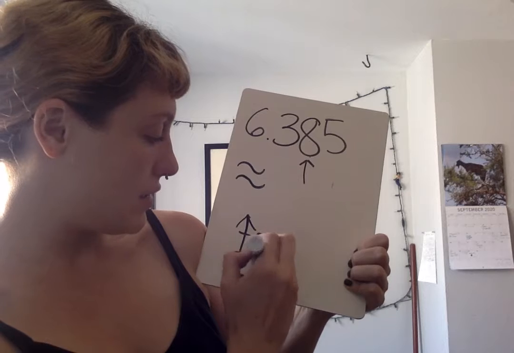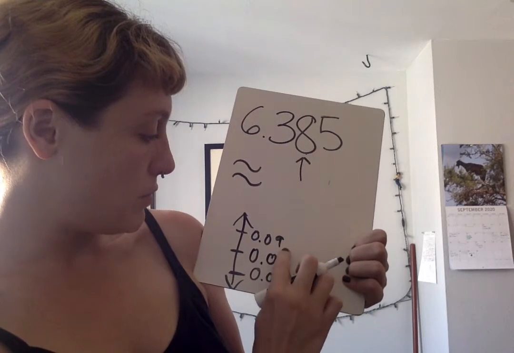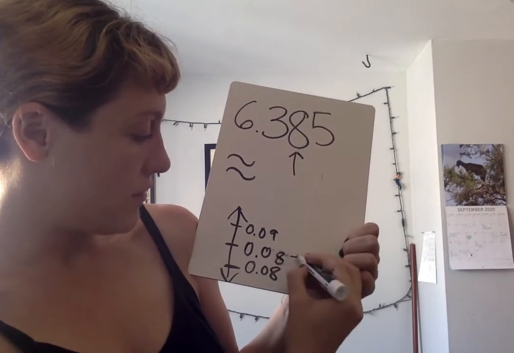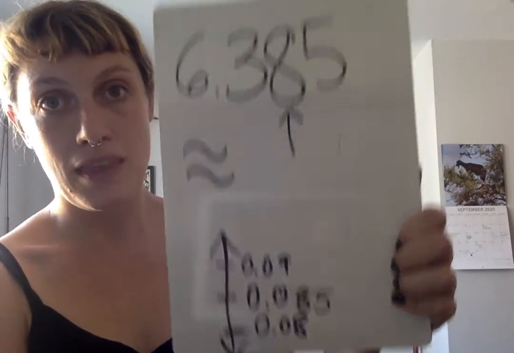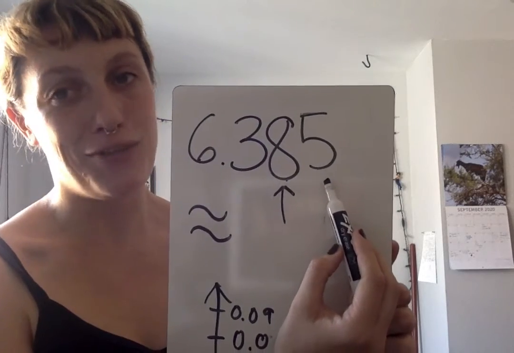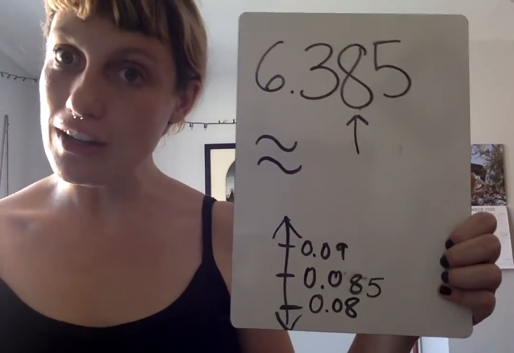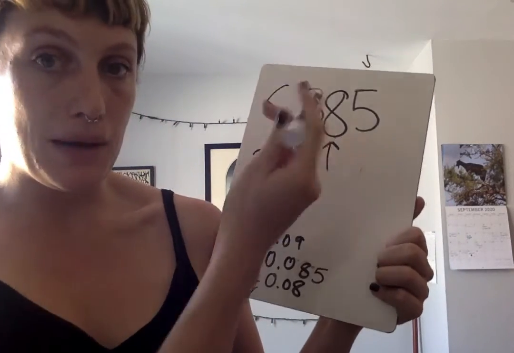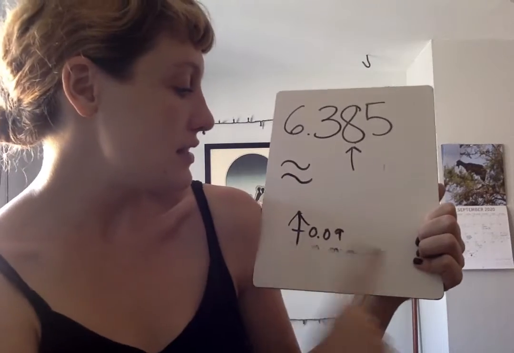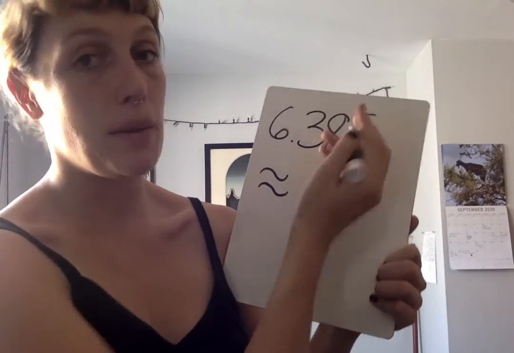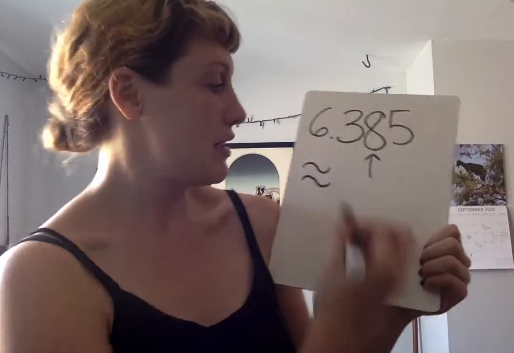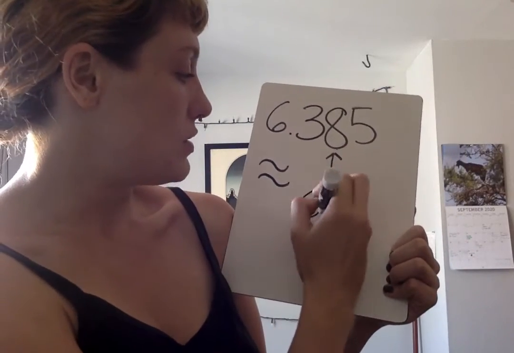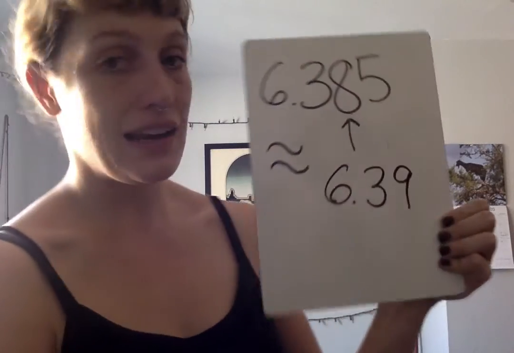Our midpoint would be this number with 5 of the next smallest place value. And what do we have here? We have a 5. So remember, friends, we learned this in our lesson on rounding, that if you land directly on the midpoint, you bump it up. So in this case, because it's a 5, we are going to bump up to the next largest hundredth. And so 6 and 385 thousandths would get rounded to 6 and 39 hundredths.